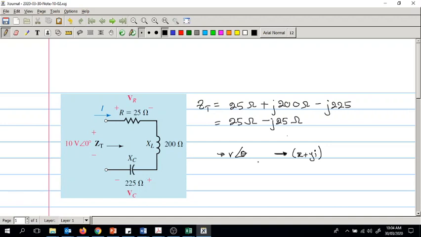Please refer to the manual of your calculator to find out how to do these things. So with this you can convert Cartesian coordinates to polar coordinates, and this is to convert polar coordinates to Cartesian coordinates, right?